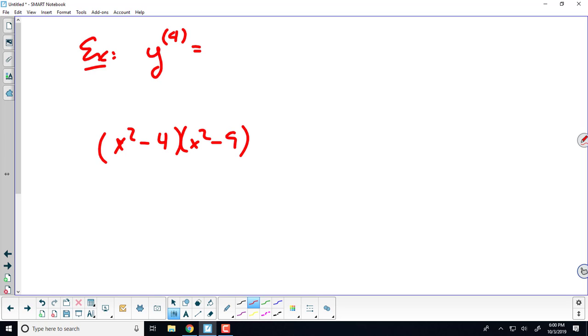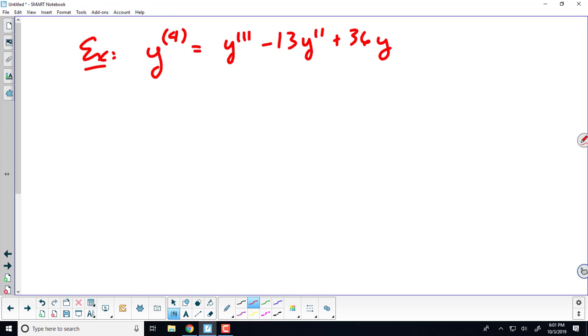So if we had y fourth is equal to y triple prime minus 9, minus 13 y double prime plus 36 y. That was our differential equation.